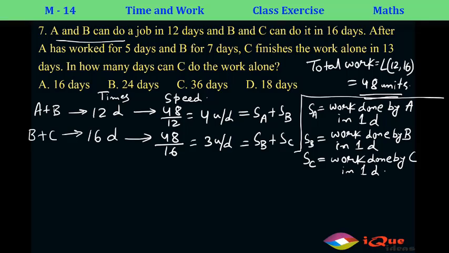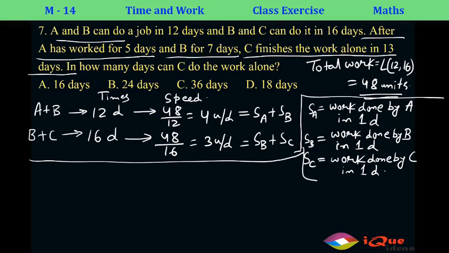Alright, now let's look at the third information that it says. It says after A has worked for 5 days and B for 7 days, C finishes the work alone in 13 days, right? That means, what is the interpretation of this statement? Look at this very carefully.